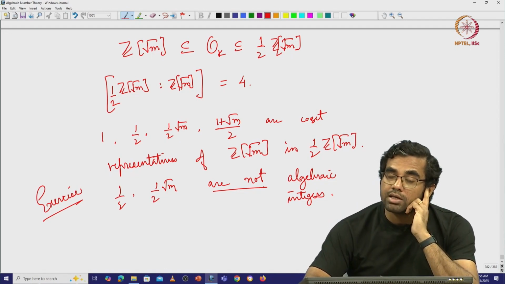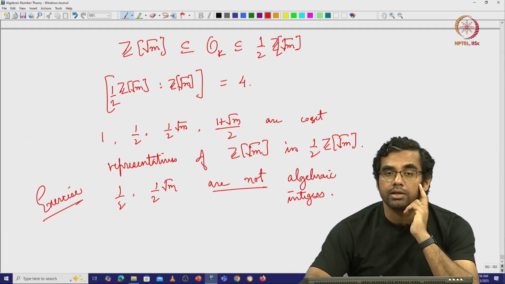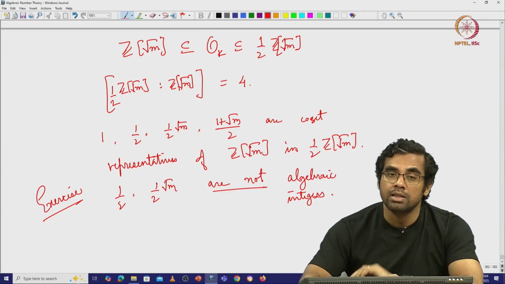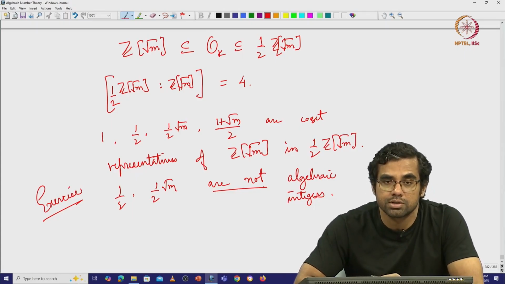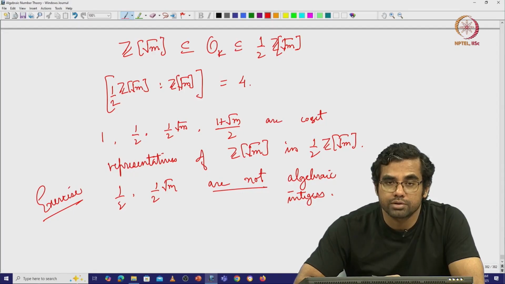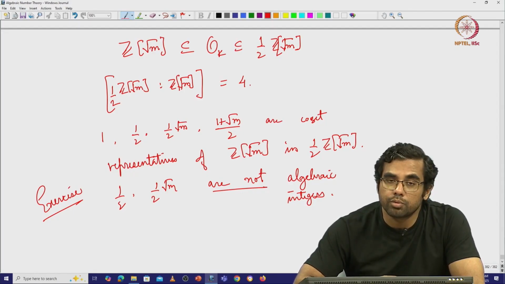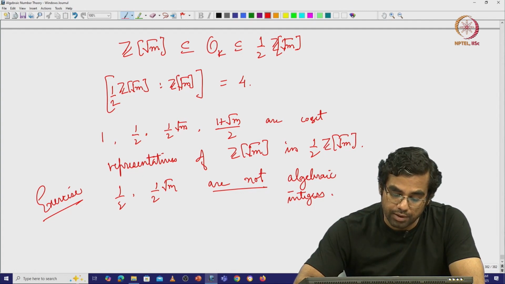You can't just say that it's a root of 4x squared minus m and hence it's not an algebraic integer. That's not a valid argument. You have to show that there isn't any monic polynomial with coefficients in Z whose root is half square root of m. Similarly for half, you have to show that there is no monic polynomial with coefficients in Z whose root is half. All right.